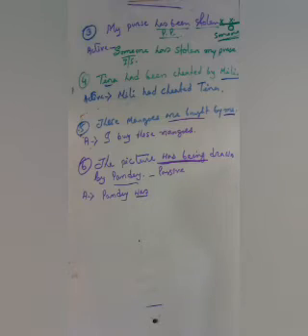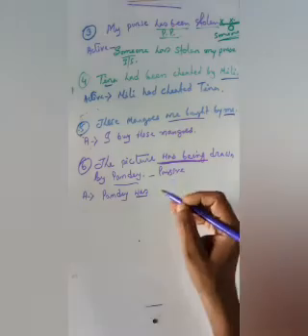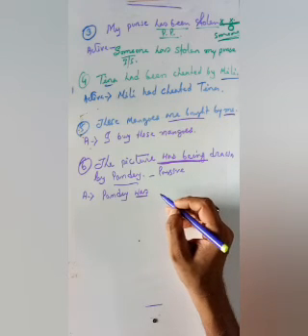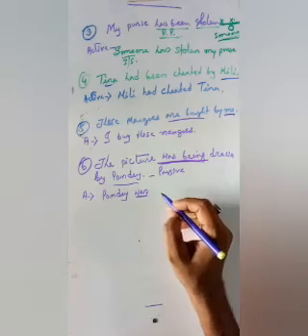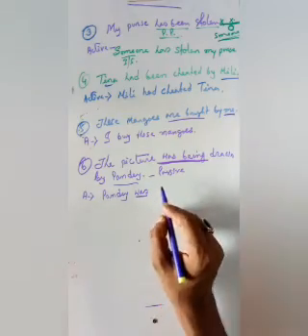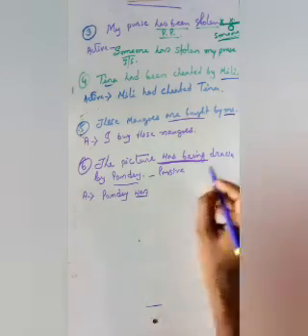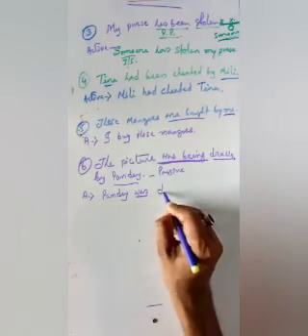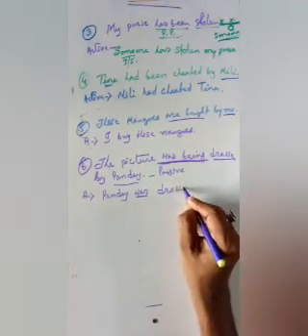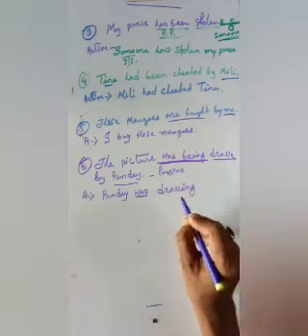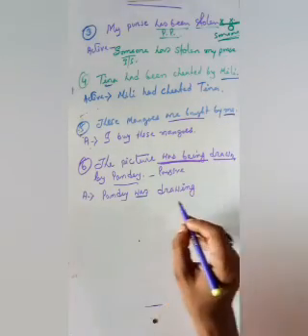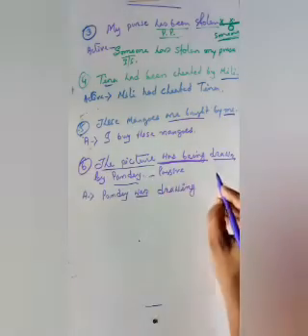The use of auxiliary verbs will be uploaded in a video later on. Keep watching. Pandey was. Now drawn, the present form is draw, and as it is in continuous tense, it will be drawing. Pandey was drawing the picture.